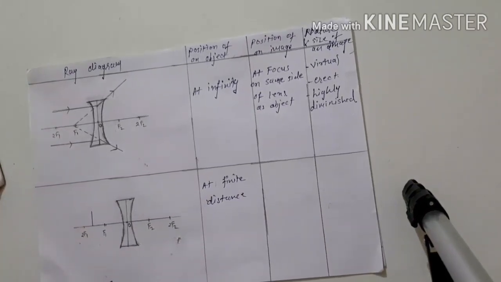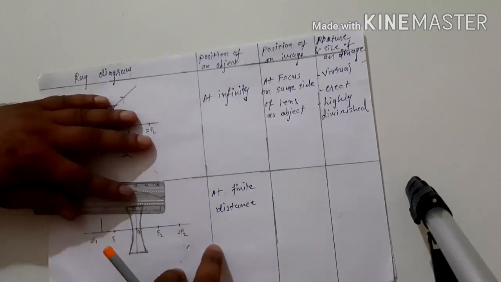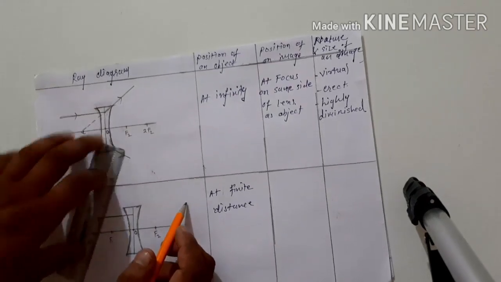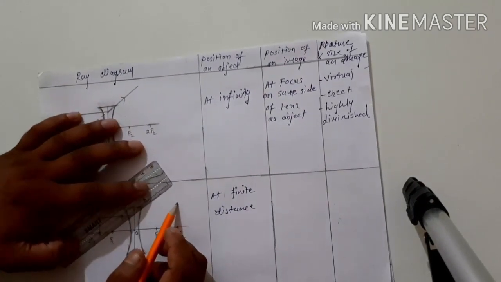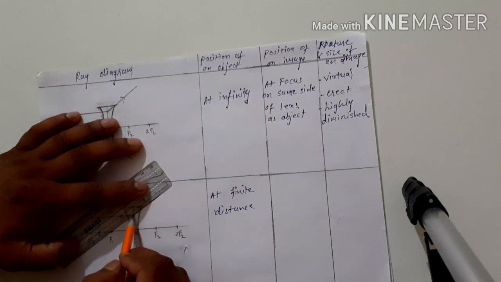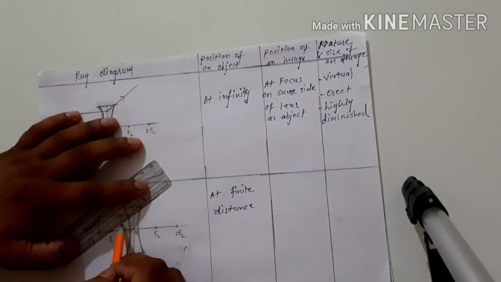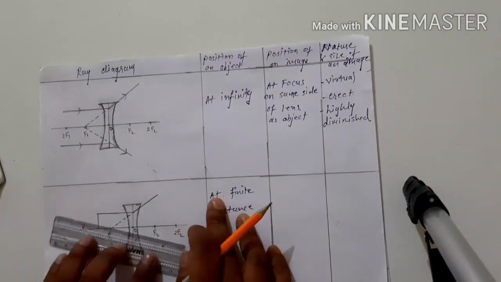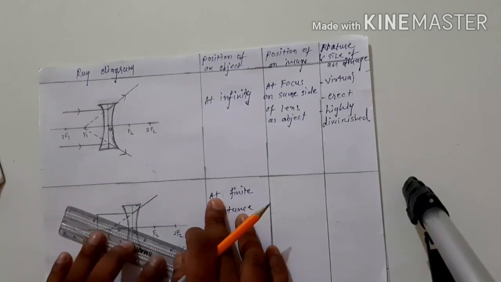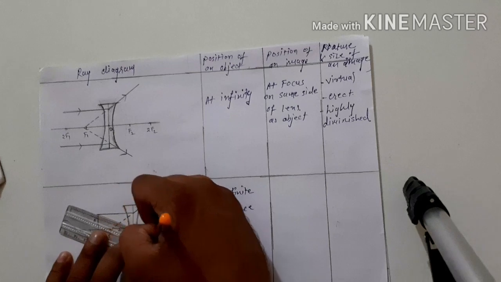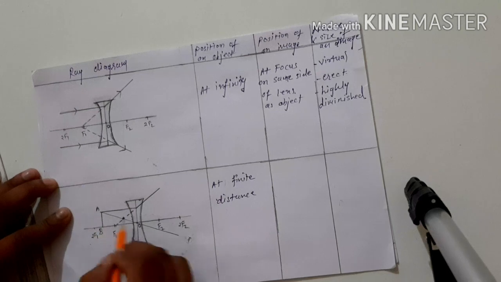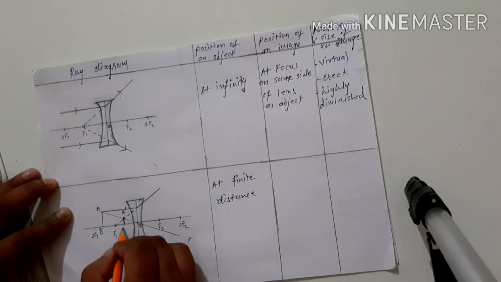The first ray, parallel to the principal axis, would pass through f2, but here it is a diverging lens, so it will diverge, and when we extend it backward, it will meet at f1. The second ray, which passes through the optical center O, goes on along the same path without any refraction.